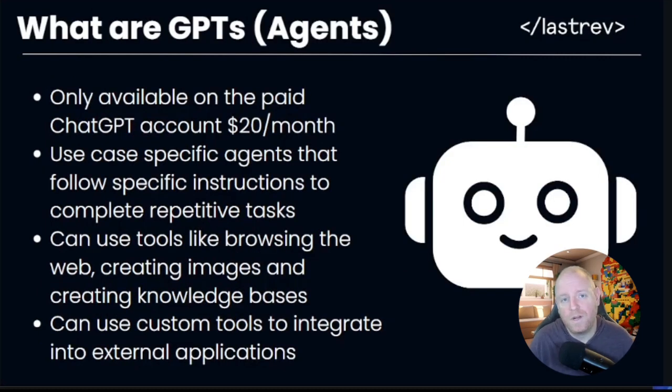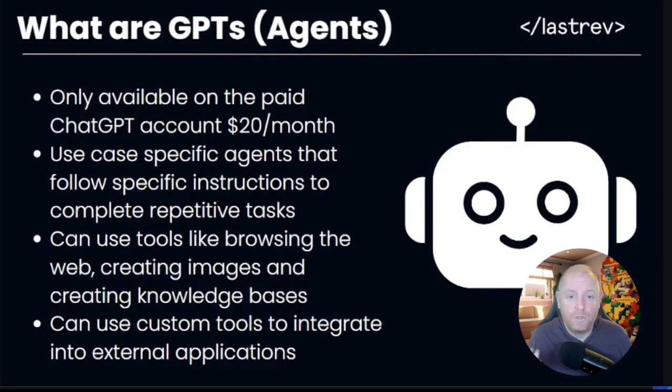So, what are GPTs? Well, GPTs, or agents, as you might hear me call them, are only available on the ChatGPT Pro account. It's $20 a month, but they're use case specific agents. They'll follow a specific set of instructions, and they can help you complete repetitive tasks in your job.